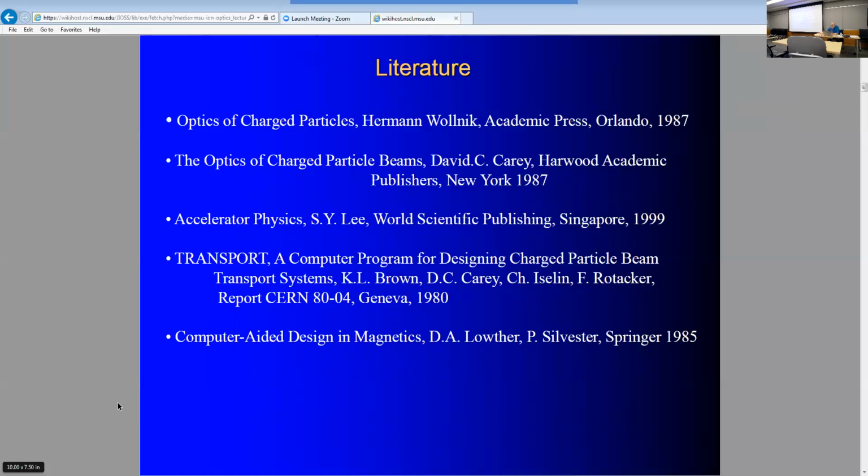The old Bible, if you want, is the code from the late Karl Brown, who provided this book in the 80s. It is now online. I'm not sure if you have it on the wiki, but anyhow, it's easy to find. If you search for TRANSPORT, you will find this code online.